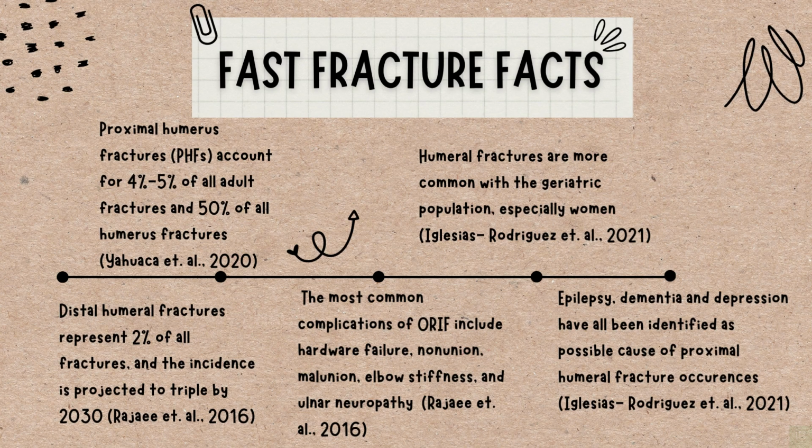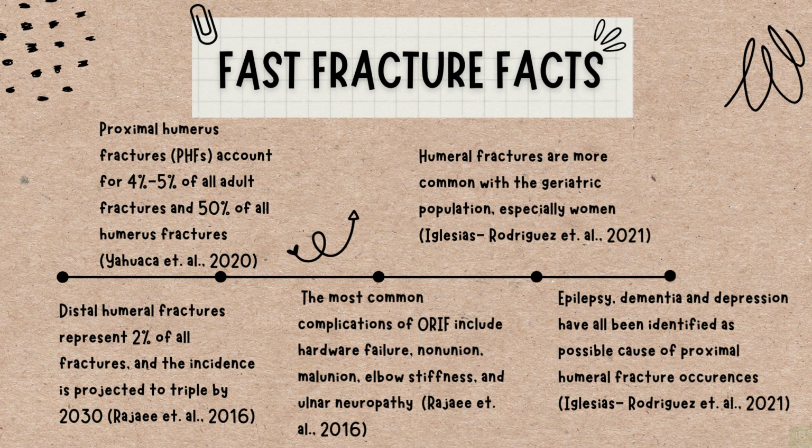And the most common complications of these procedures can include hardware failure, non-union, malunion, elbow stiffness, and ulnar neuropathy. And you can assume that some of these happen by maybe there's fear of moving it once the surgery is completed, causing those contractures. Maybe they lose feeling after not moving it for a while. Any of those things could contribute to complications of an ORIF.